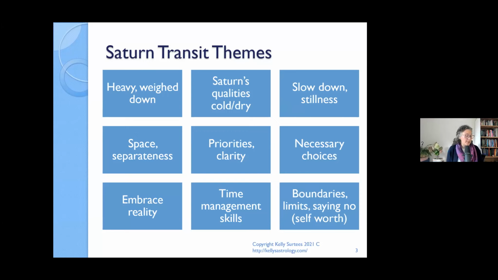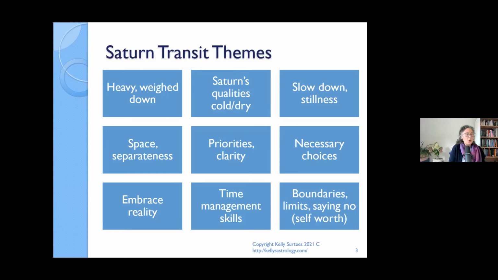And we're talking about Saturn transits in the context of primarily Saturn making a conjunction, a square, or an opposition to the planets in your birth chart. There are some subtle differences between Saturn square a natal planet or Saturn opposite a natal planet, but there are some very common themes.